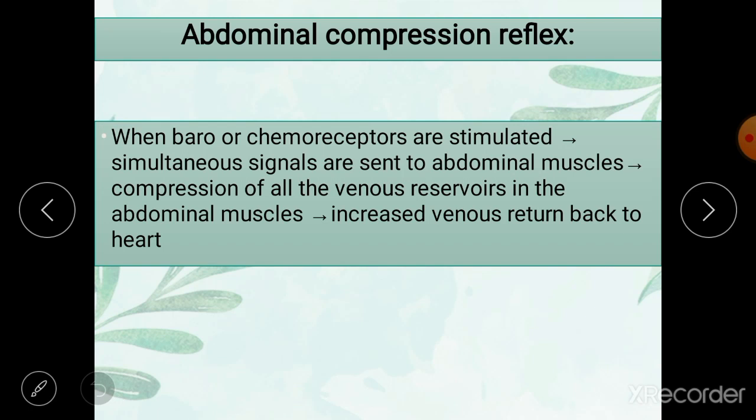And when these organs which contain large quantities of blood, and these veins, are squeezed or compressed, the blood is going to move towards the heart and it is going to increase the venous return. And when the venous return increases, the cardiac output also increases, and this is going to increase the blood pressure back towards normal.